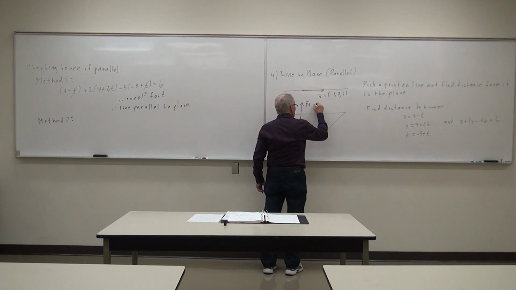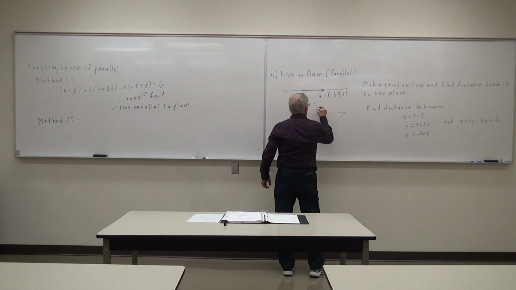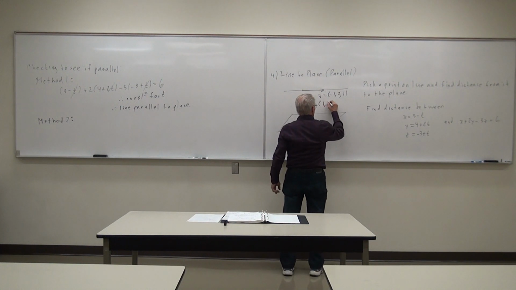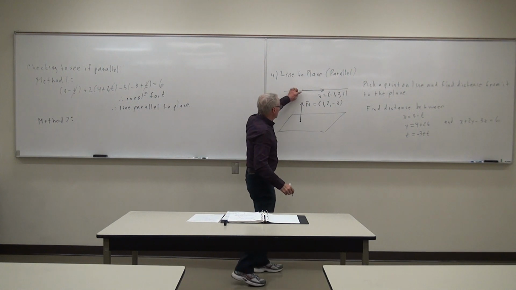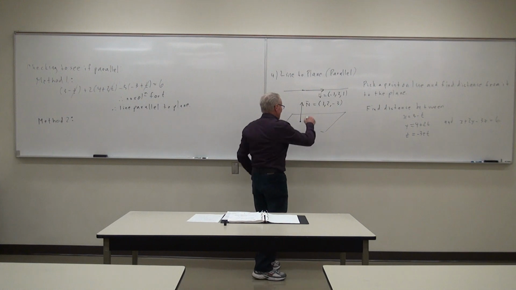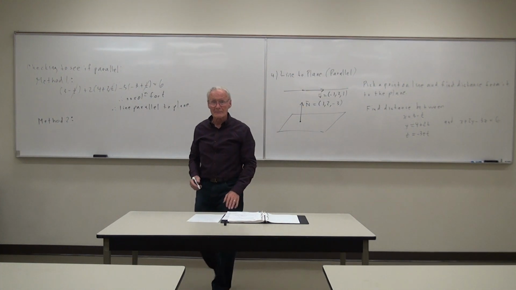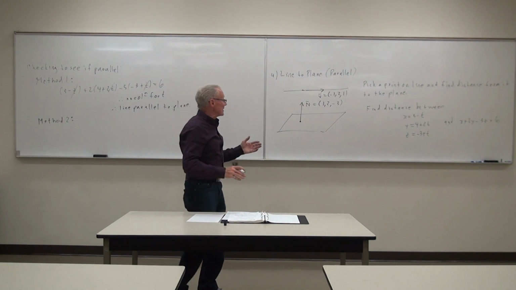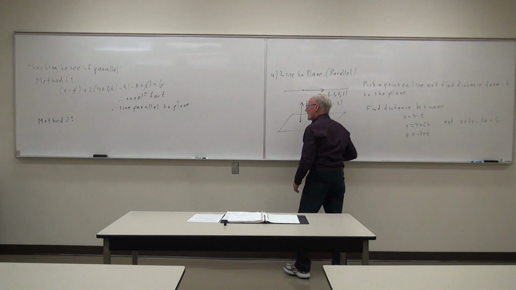Call that n, for normal. Take the numbers in front of the x, the y, and the z: 1, 2, -3. Would you agree that the line is parallel to the plane if these two vectors are perpendicular? And how do you test for perpendicular? You take the dot product, v dot n.